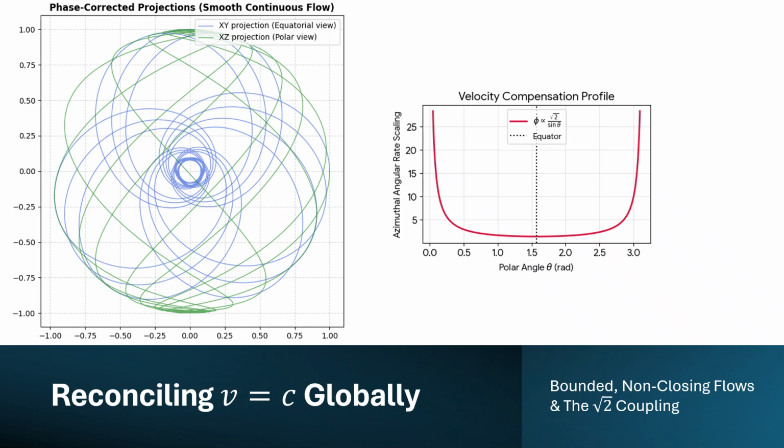We project here the motion of the charge on the xy plane and on the xz plane, and you see that near the poles the charge has a higher density.